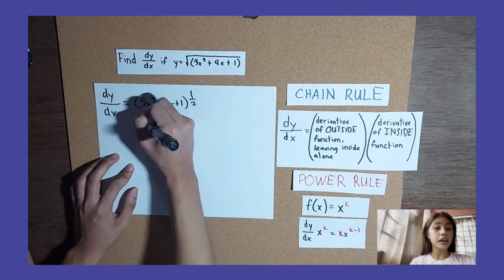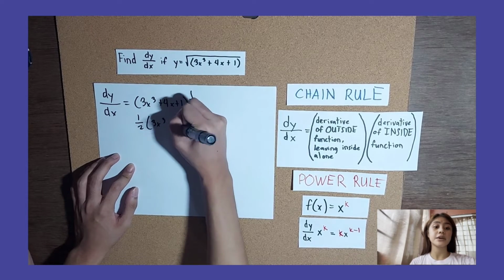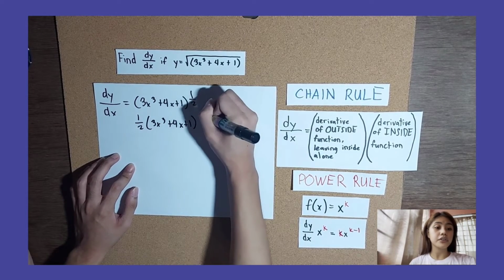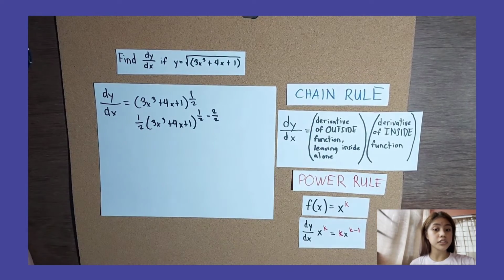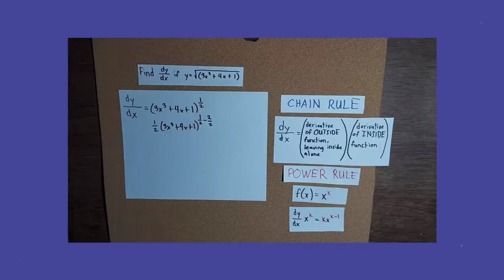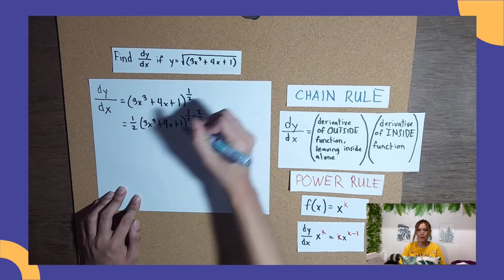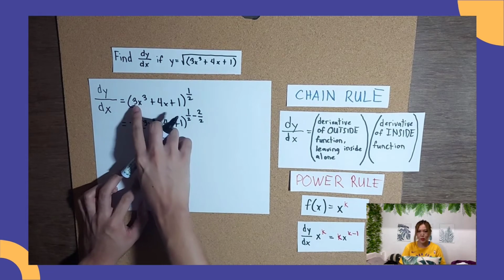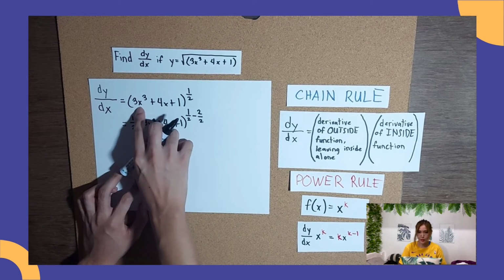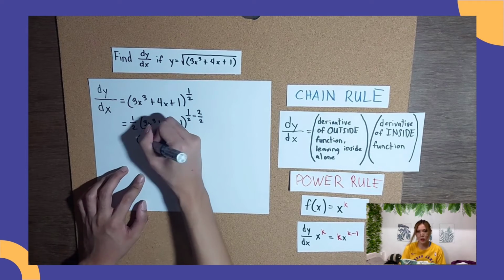So, we have 1/2 times the quantity of 3x cubed plus 4x plus 1 raised to the power of 1/2 minus 2 over 2, because 2 over 2 is equal to 1. Now, we multiply what we have by the derivative of the inside function, which we still get using the power rule. So, we start with the derivative of 3x to the power of 3, which is 3 times 3 equals 9.